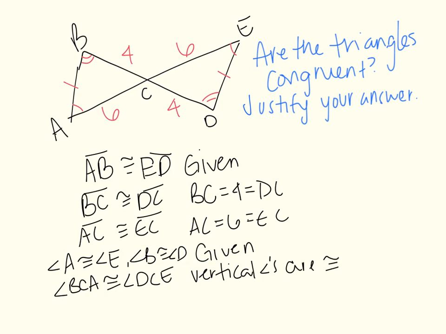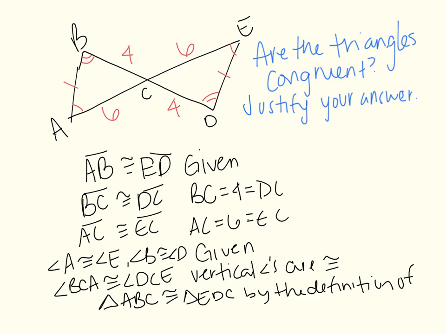So based on all of that, we can conclude that triangle ABC is congruent to triangle EDC by the definition of congruent triangles.